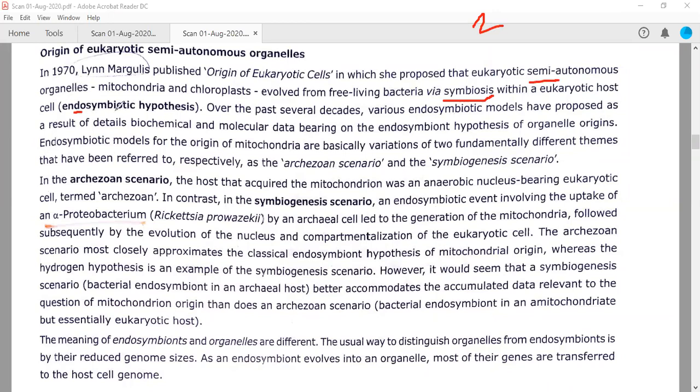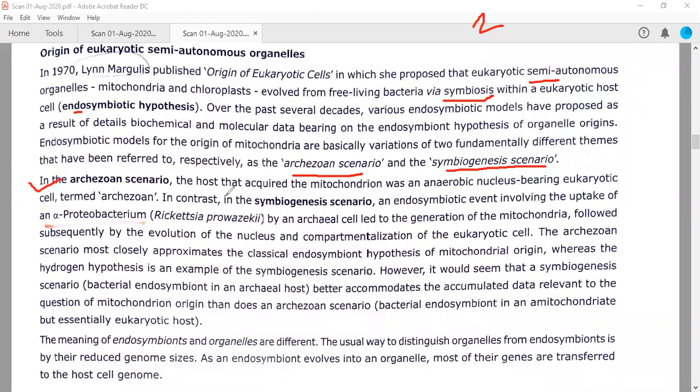Therefore, this is called the endosymbiotic association or hypothesis for the generation of these two organelles, mitochondria and chloroplast. For the past several decades, various endosymbiotic models have been proposed, and two of them are popular today. One is called the Archezoan scenario. One is called the symbiogenesis scenario. First of all, we will discuss what the Archezoan scenario is.